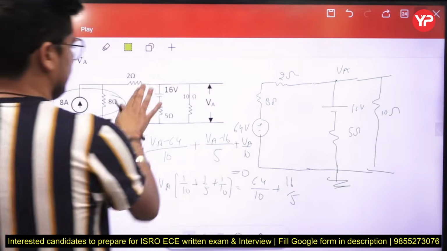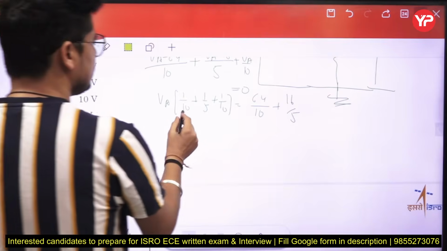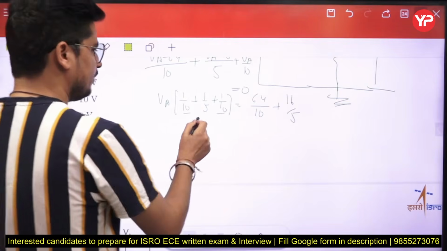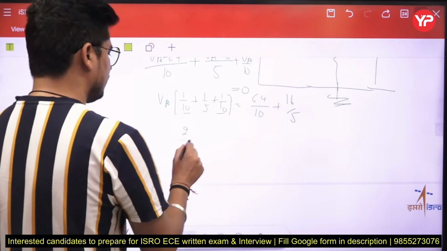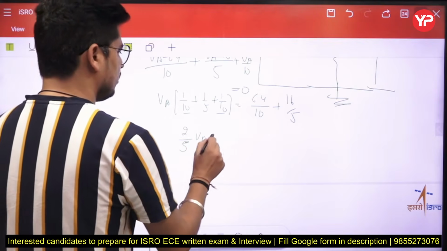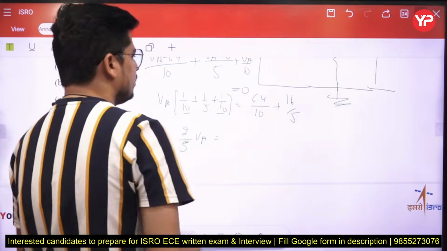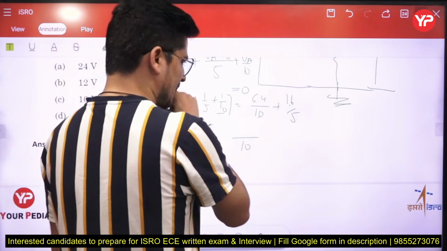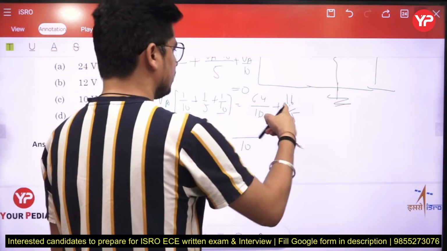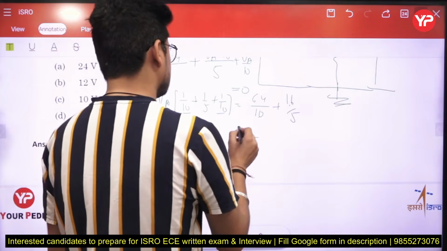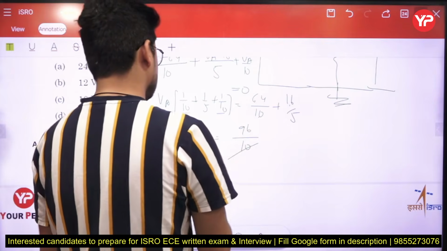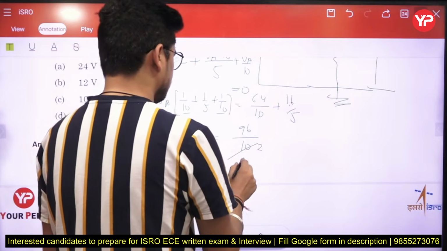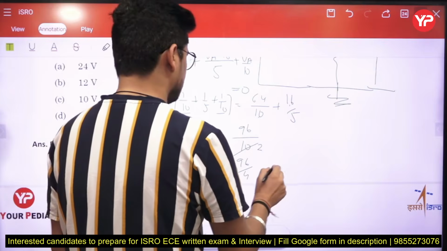Basically 1 by 10 plus 1 by 10 is 1 by 5, and 1 by 5 plus 1 by 5 is 2 by 5 times VA. On the right, taking the LCM, that will be 10 here, and this is going to be 32 plus 64, 96, so that becomes 4. So VA is going to be 96 by 4, that is 24.